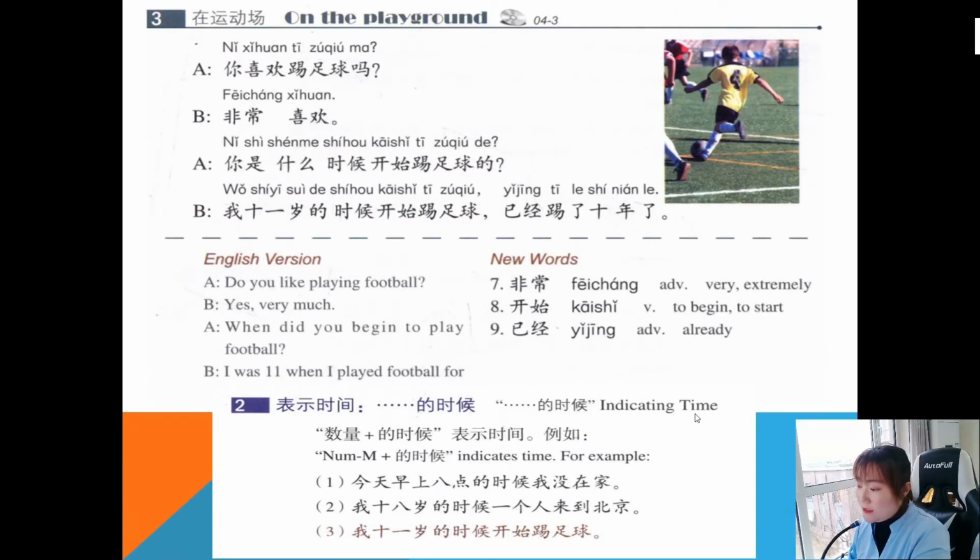So when we want to indicate the time, something 的时候 and use this grammar, numeral add measure word at 的时候 So indicates time. For example, this one, 今天早上8点的时候我没在家 So when it's 8 o'clock in the morning, I was not home. Something at 的时候 Number 2, 我18岁的时候一个人来到北京 So I came to Beijing when I was 18 years old.